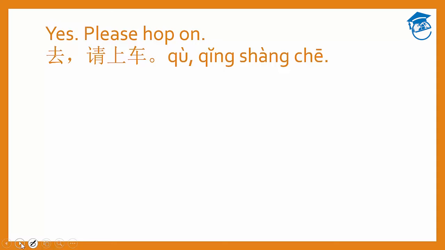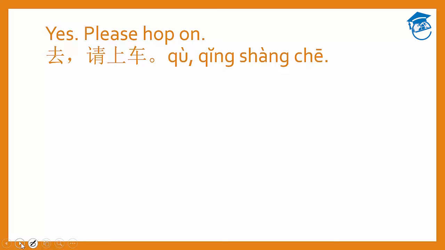So the answer is 去, as simple as that. And then he further invites Jane to hop on. So the way he invites is 请上车. So 请 is please, and 上 is to get on, and 车 is of course the car that he's driving. So in the end, 请上车 means please hop on. So no new words here, as the words that he uses is very simple.